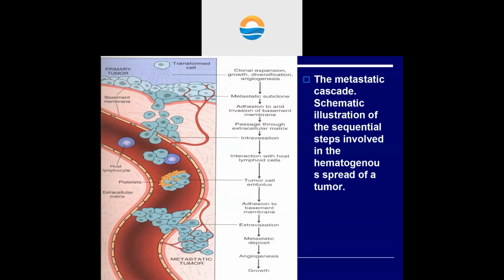Then we see the adhesion to the basal membrane, then extravasation and metastatic deposit. We see angiogenesis, new vessels, growth of the new vessels, and at the end, the growth of another tumor.